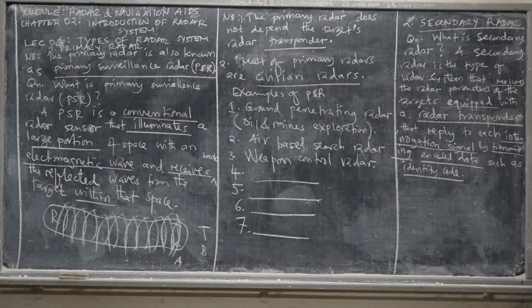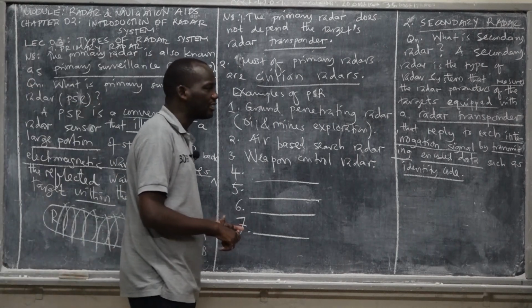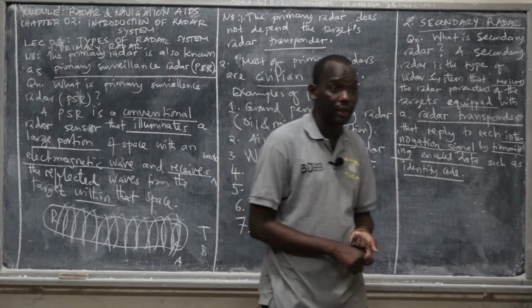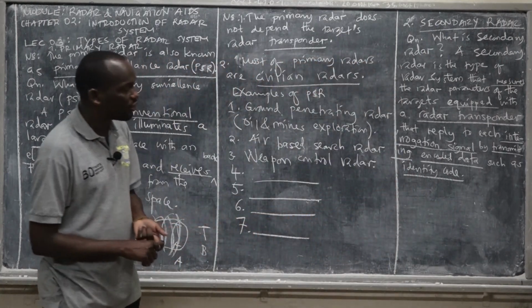From that definition, you can notice that primary radar is different from secondary radar, because primary radar just illuminates the target with electromagnetic waves, and the target is not required to have a radar transponder. But this one is actually focusing on interrogation.